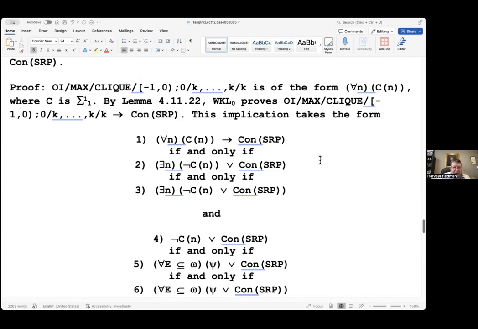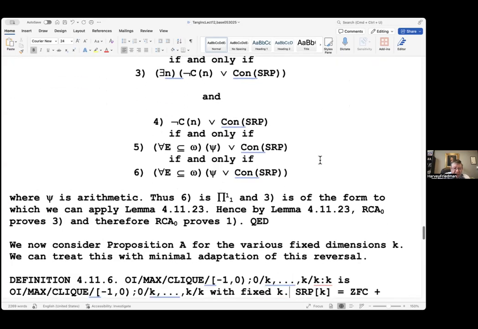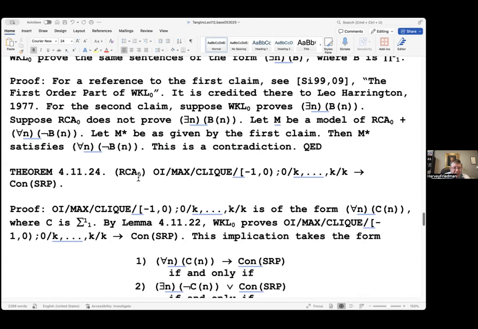Okay. So now we know that RCA naught is enough. So we now have proved that RCA naught implies this statement implies con SRP.